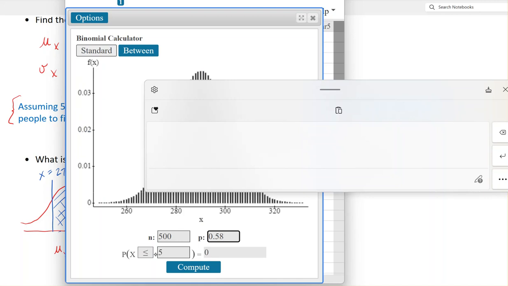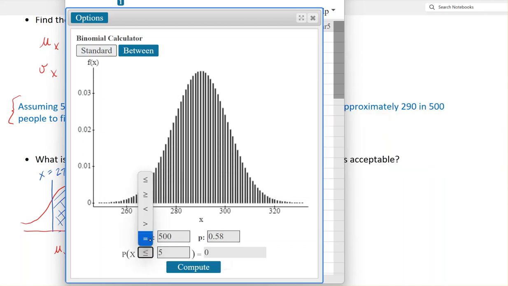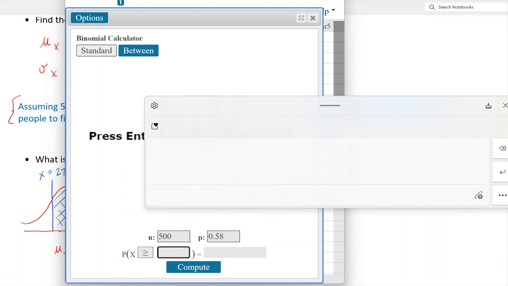And then down here on the second row, I've got my probability statement that we were looking at. We said we were looking for probabilities that were greater than or equal to 275. So 275.